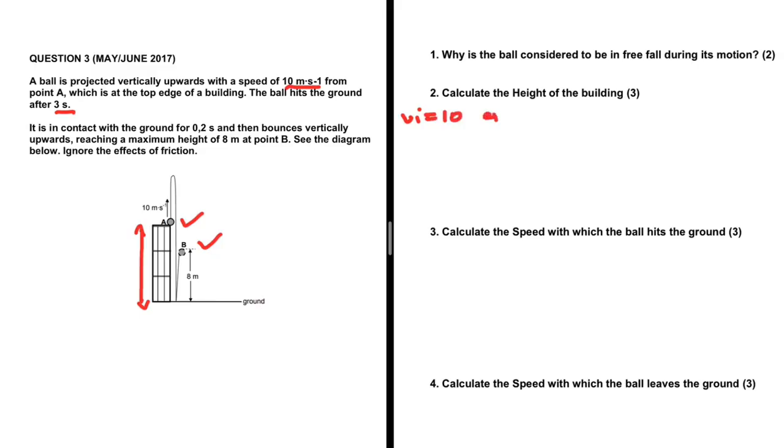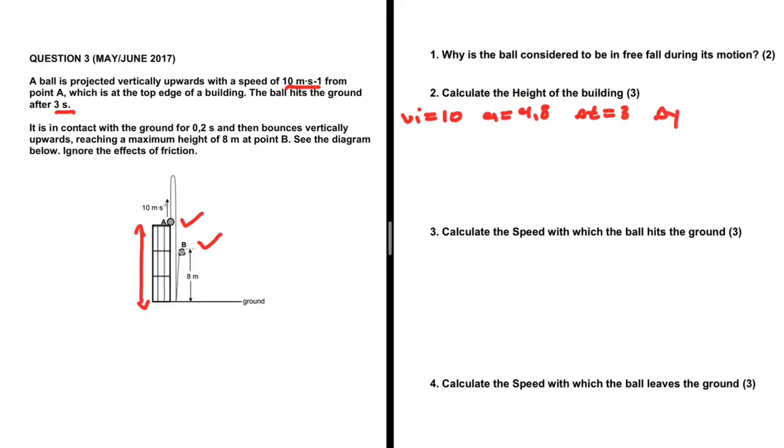Obviously, we always have the acceleration. It is 9.8 meters per second squared downwards. That is when our object is in free fall. Another piece of information is the time taken to hit the ground. Delta t is equal to 3 seconds. And then what we want is delta y, the height of the building.